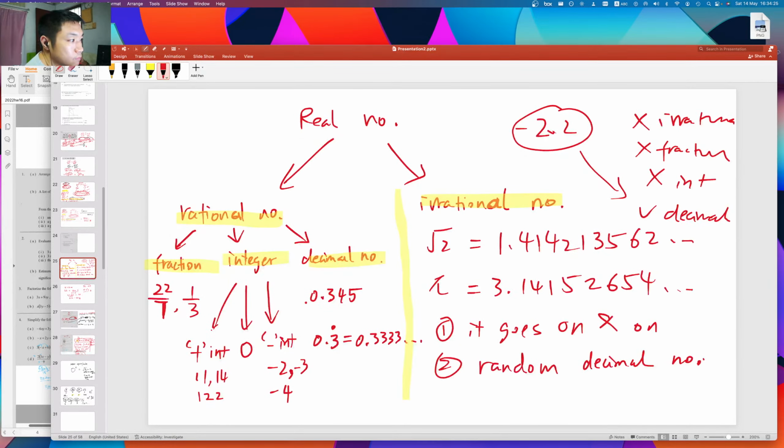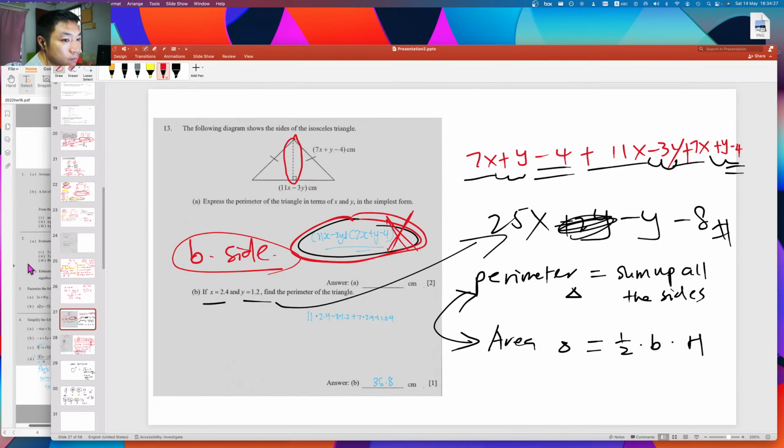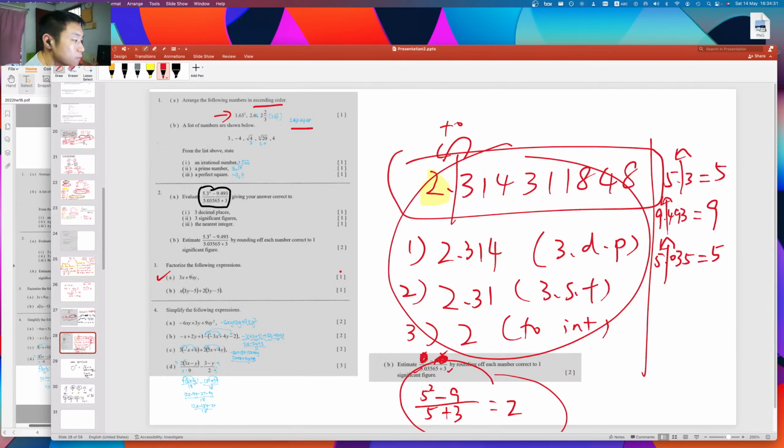Done? Okay, let me see the first question. Over here, I think you have a 1. The 3, you split to 1 times 3, right? The 3 here you are supposed to split to 1 times 3.